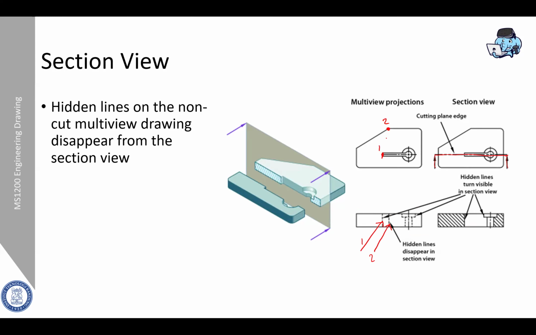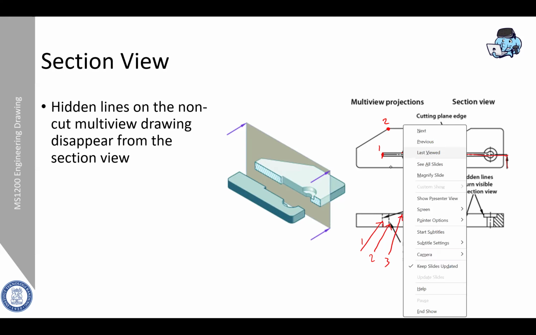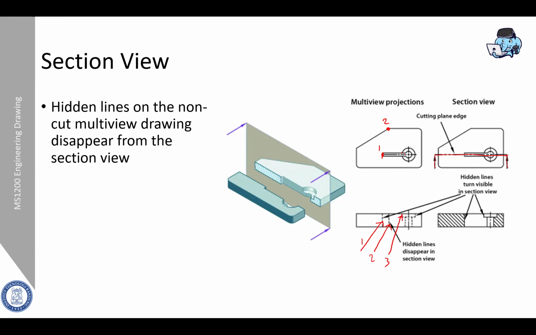And then this hidden line is actually showing you this intersection between surfaces. And this hidden line is showing you this one.